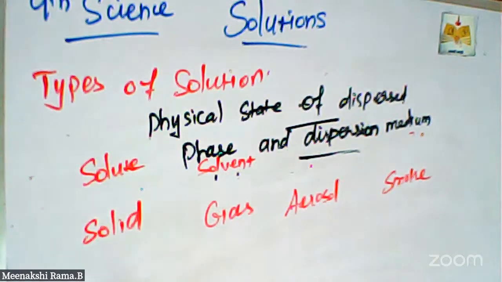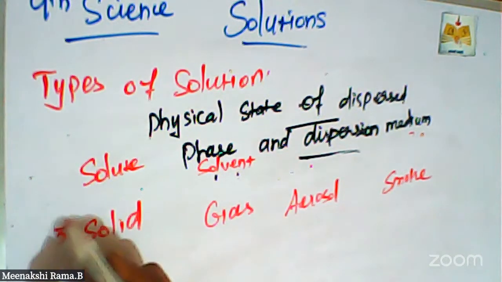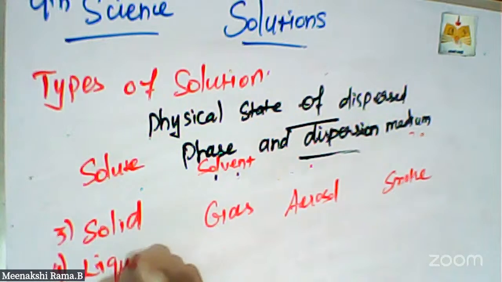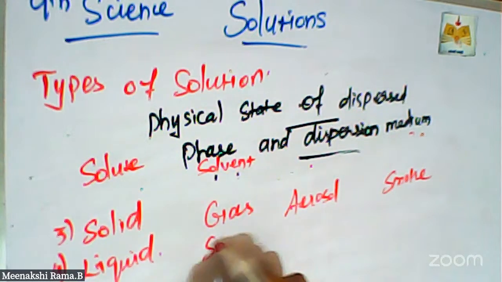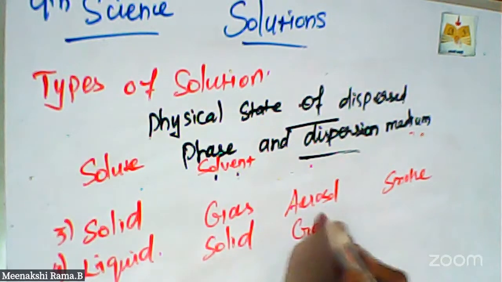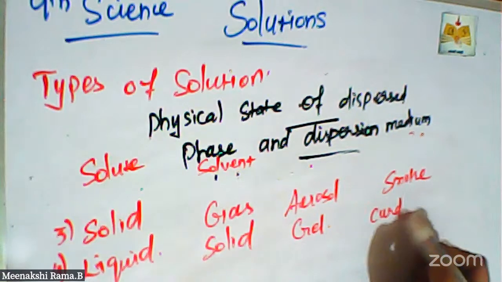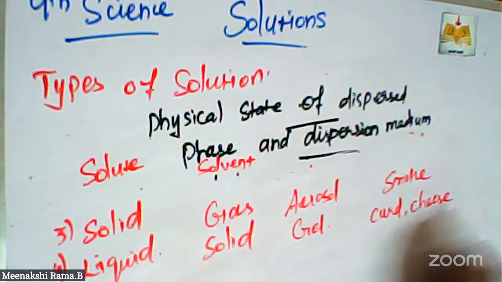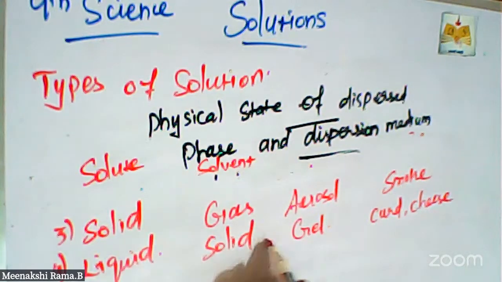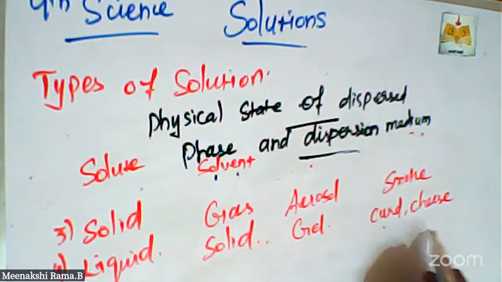And then the fourth category, liquid and solid. Solute is in liquid nature and solvent is in solid nature. It is the formation of gel. Gel is the name of that mixture. In day-to-day life we use curd and cheese. These are examples of liquid and solid mixture.